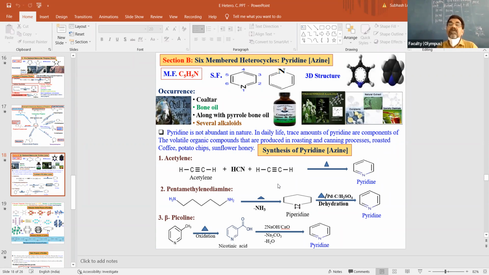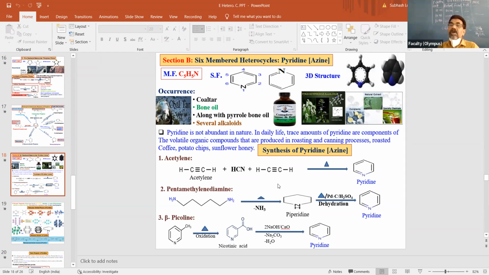So these are the sources from which you can obtain pyridine, shown in the slide. Pyridine is abundant in nature, and we use trace amounts in daily life. Pyridine is a volatile organic compound which can be produced.